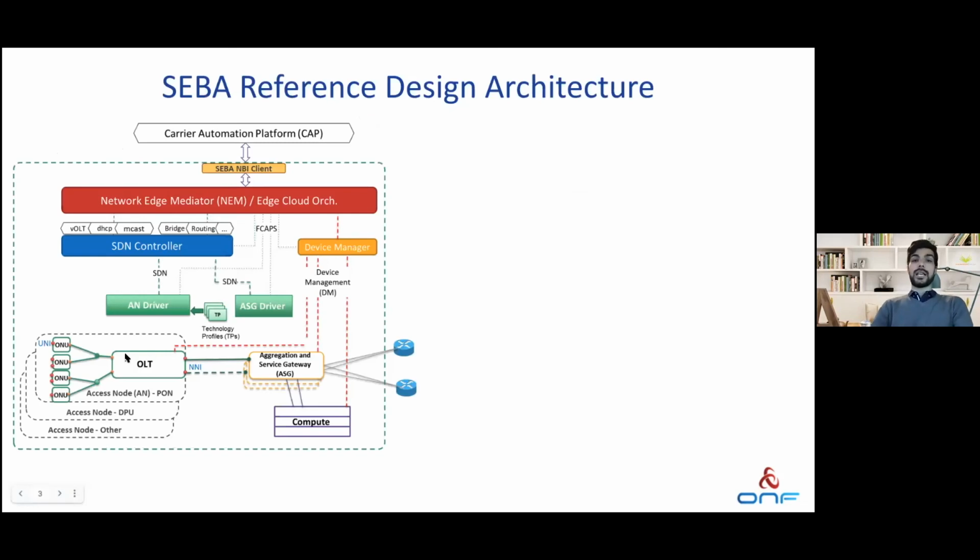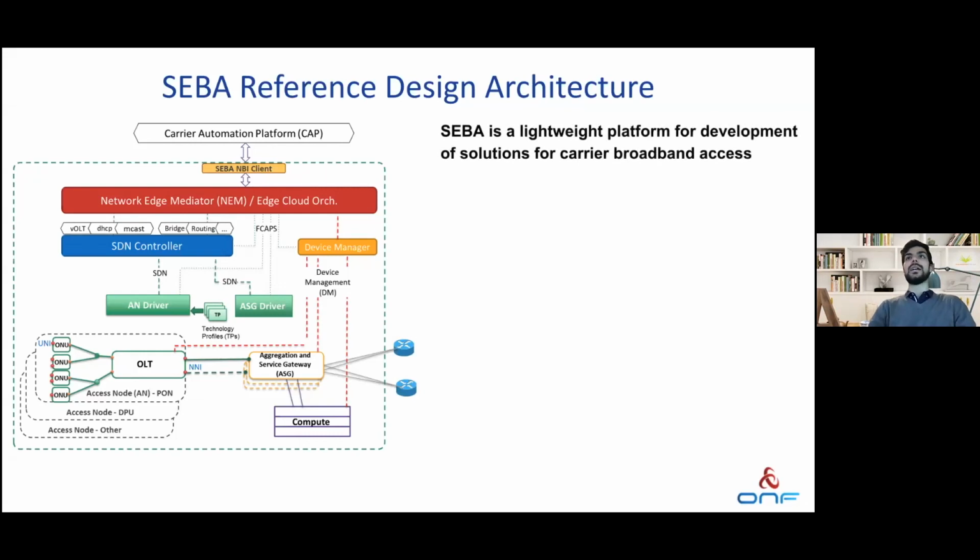So just as a refresher for anybody who isn't familiar with it, VOLTHA is part of what we call SIBA, Software-Enabled Broadband Access, which is a reference design from the Open Networking Foundation, from us, that defines SIBA as a lightweight platform for development of solution for carrier broadband access.